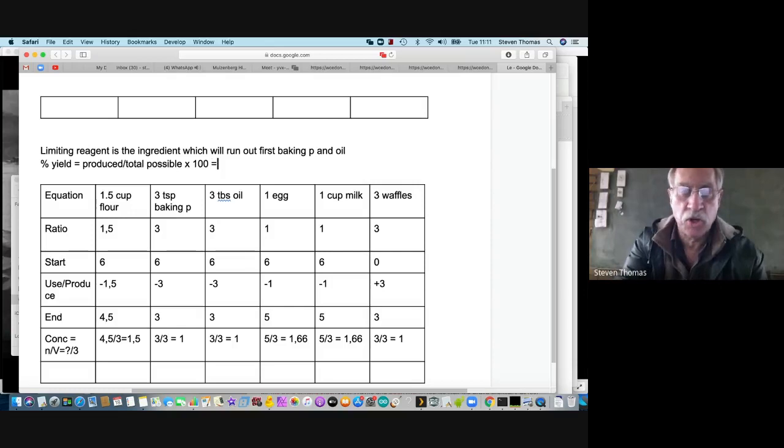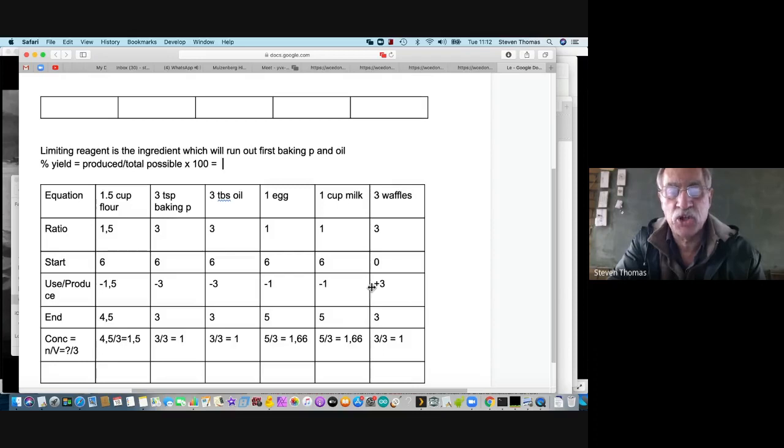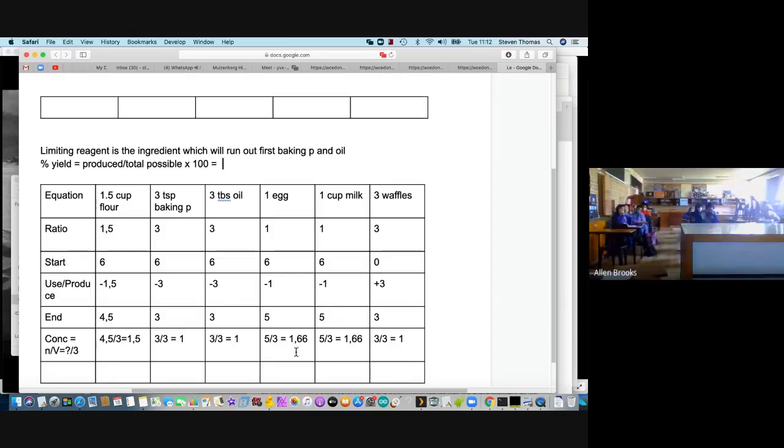So what was the total possible amount of waffles I could have made with all these ingredients? What do you think is the total possible number of waffles I could have produced? Any ideas? Mustafa says 3. Well, I produced 3, but didn't I have ingredients to produce more? Couldn't I have produced more?